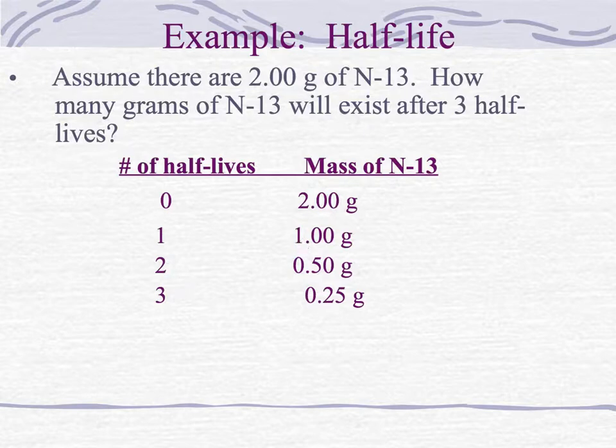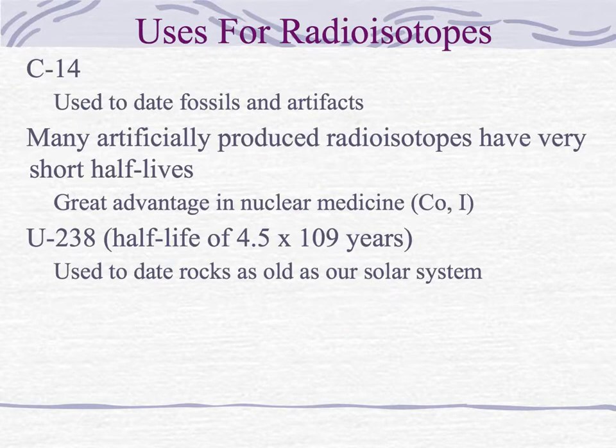Half of 1 is 0.5. Then do the third half-life. Half of 0.5 is 0.25. So after 3 half-lives, 0.25 grams of nitrogen-13 will remain. Notice that's all we did. Took a half of a half of a half. That's half-life.